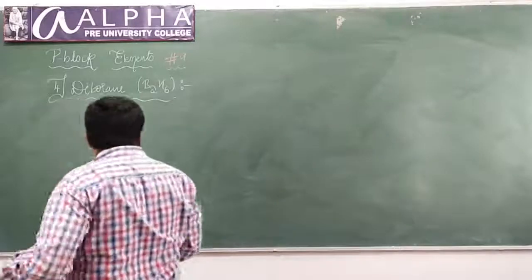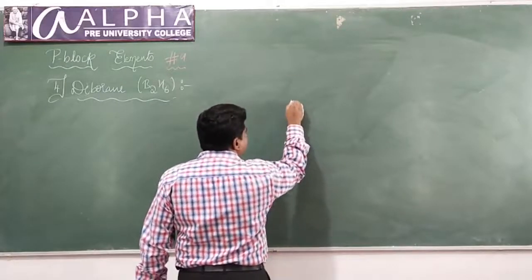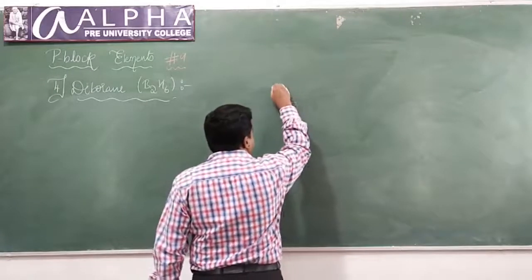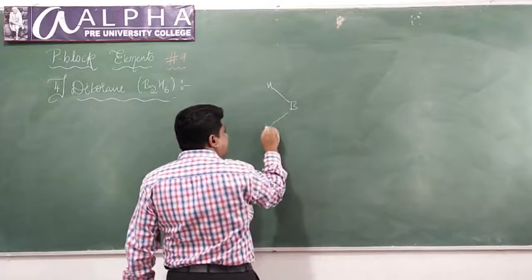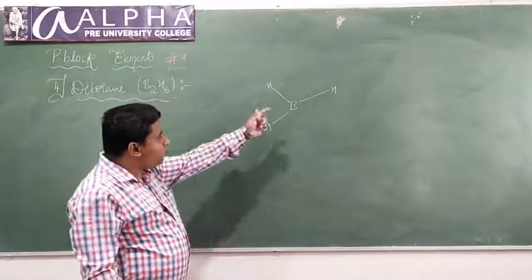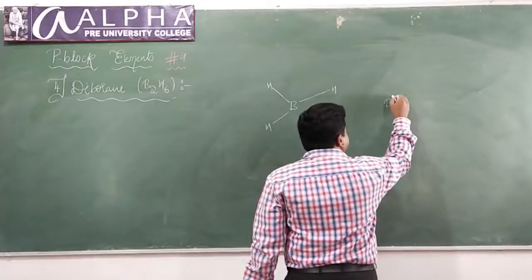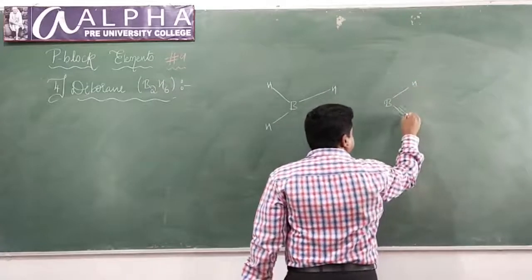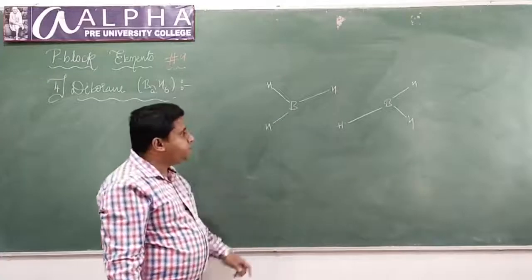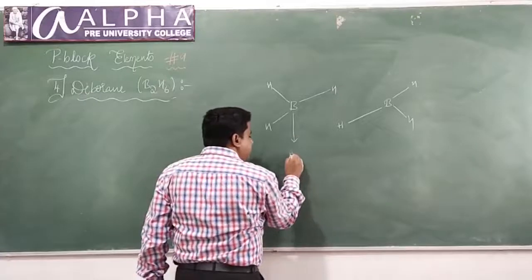Look here. See, this is one borane, BH3, correct? Look here, this is one BH3, and this is another BH3. Are you getting my point? See, in boranes, the boron atom is sp3 hybridized.